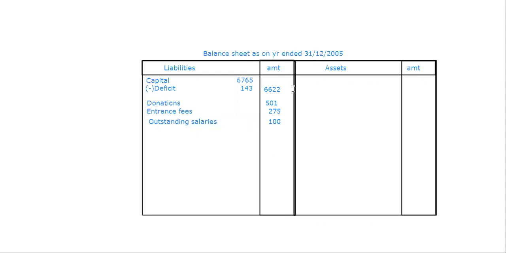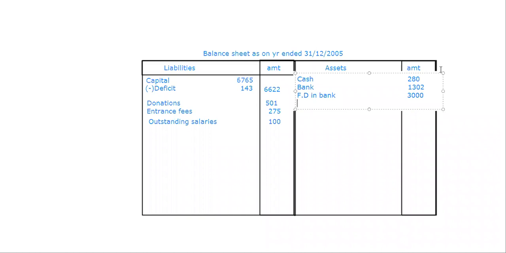Okay, now come down to the assets. I'll take it in the same style as in the opening balance sheet. First, how much is cash? Now we have to take closing balances, so write 280. Bank 1302. Then FD, how much? 3,000, right?